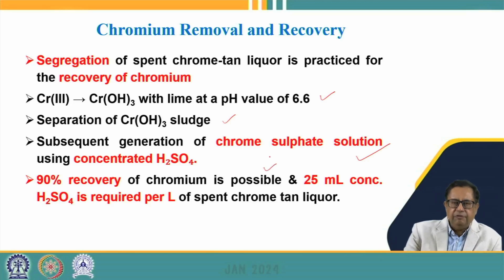It is possible that we can recover nearly 90% of the chromium by this process, and nearly 25 ml of concentrated H2SO4 may be required per liter of the spent chrome tan liquor so that we can recover 90% of the chromium from the chrome tan liquor.